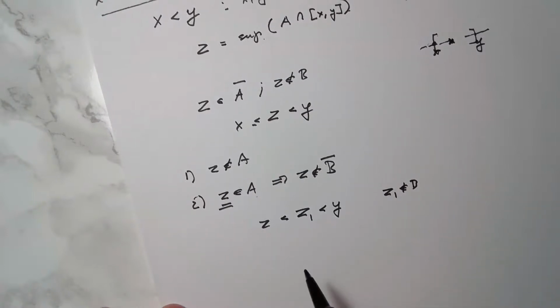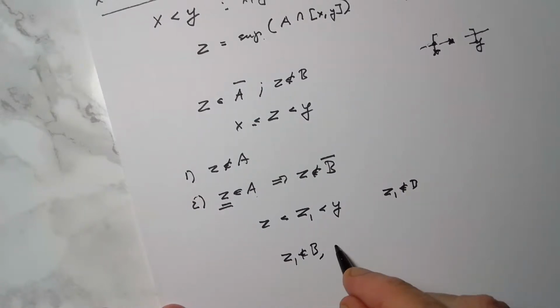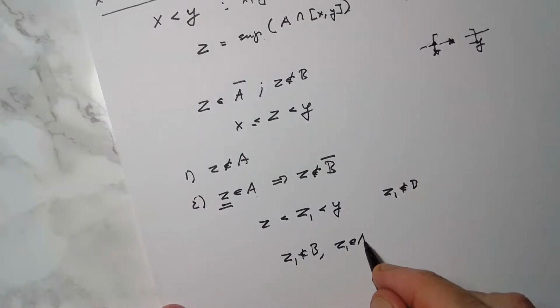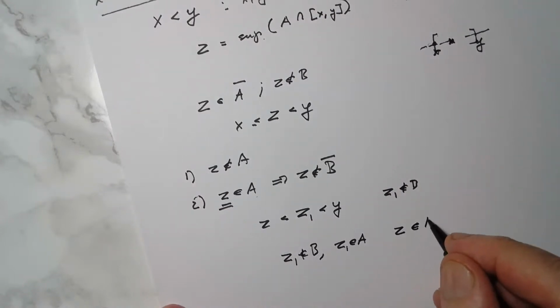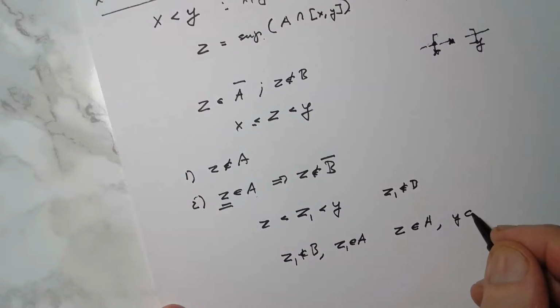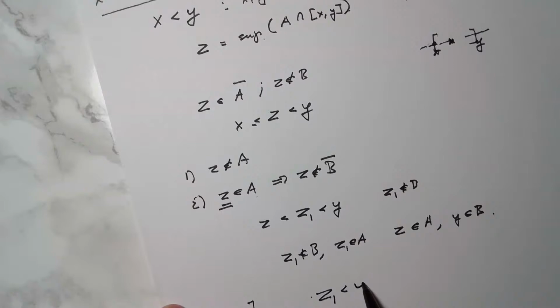And what did we conclude? Z1 is not in B, Z1 is not in A. Now, we assumed that Z was in A and Y was in B. And so that implies that there exists a point Z1 between Y and Z in this case.